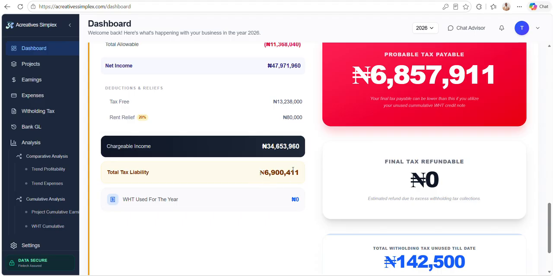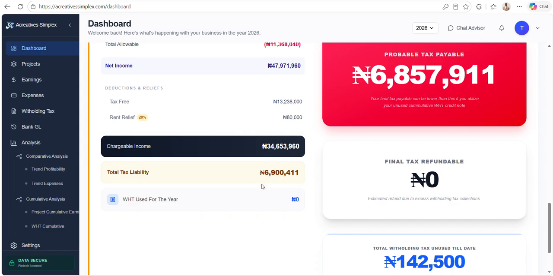For Nigeria, the personal income tax band is for the first 800,000, 0% tax, and for the next 2.2 million, 15% tax. That's our tax band. So this app automatically estimates the amount of tax liability that you are exposed to. And then looking at it, our tax liability is 6.9 million.